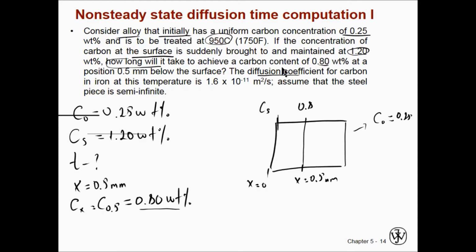The diffusion coefficient, which is D for carbon in iron at this temperature. If you remember, the diffusion coefficient is defined by the diffusing species, host metal, and temperature. So here I have carbon in iron at 950 degrees Celsius. Instead of reading from a table, it is given to us for now. It says the diffusion coefficient is this.